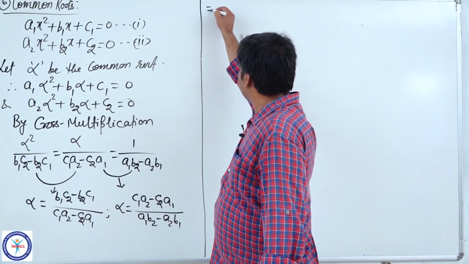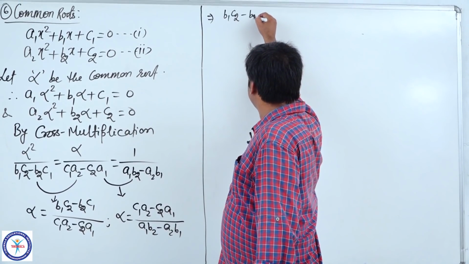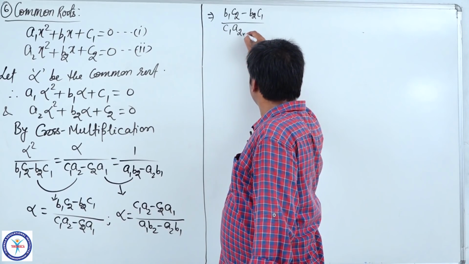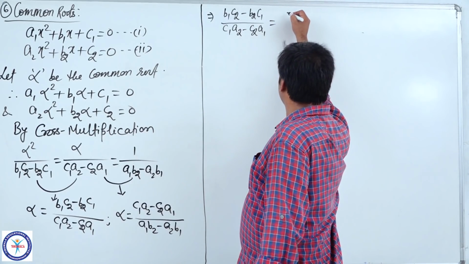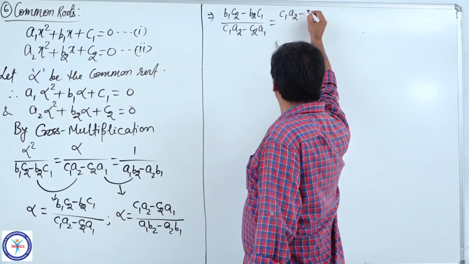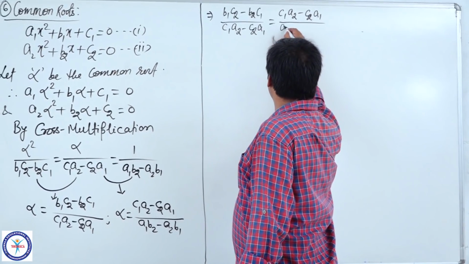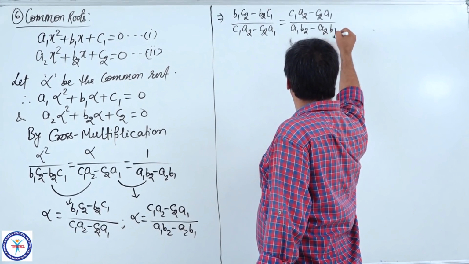So we can write b1 c2 minus b2 c1 by c1a2 minus c2a1 is equal to c1a2 minus c2a1 by a1b2 minus a2b1.